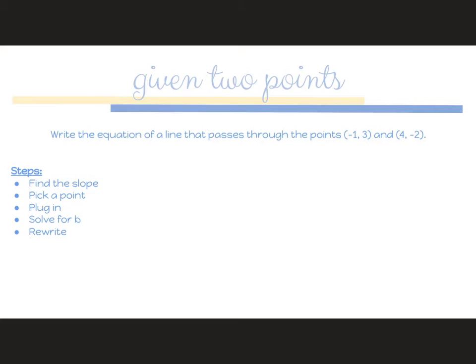This next example is writing an equation if we're given 2 points. So this time I have an equation of a line that passes through the points (-1, 3) and (4, -2). This time, I am no longer given the slope, so I need to find that first. Remember, the slope formula is y2 minus y1 over x2 minus x1. So first I want to label these points x1, y1, x2, y2.